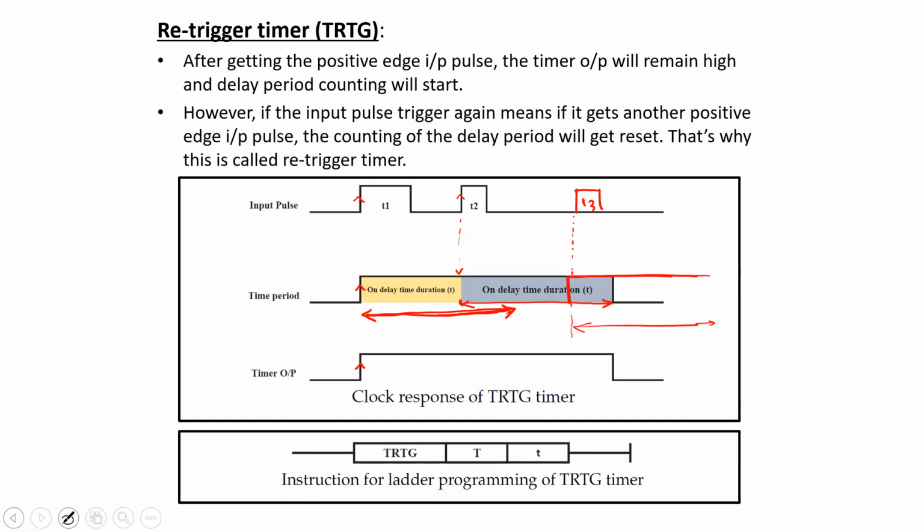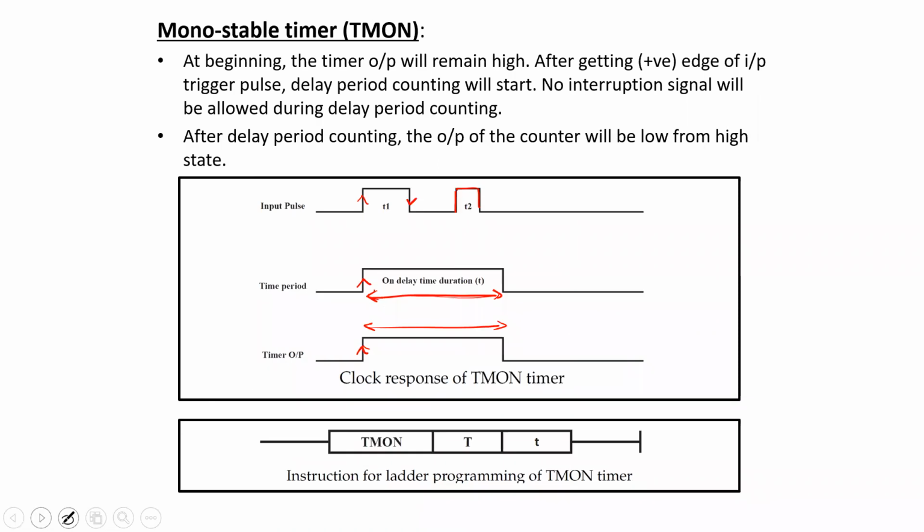So in this point, there is no difference, but in which consideration can you say that there is a difference? So in monostable, there is no interruption signal.